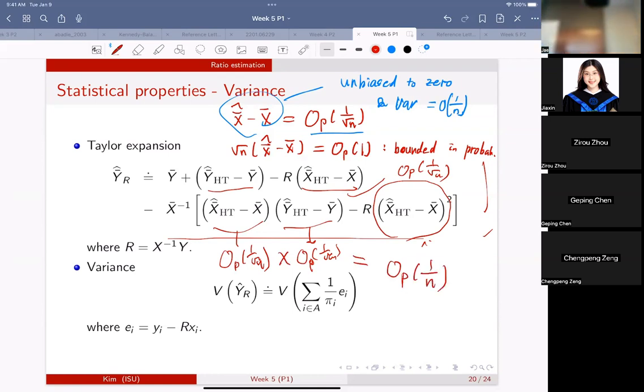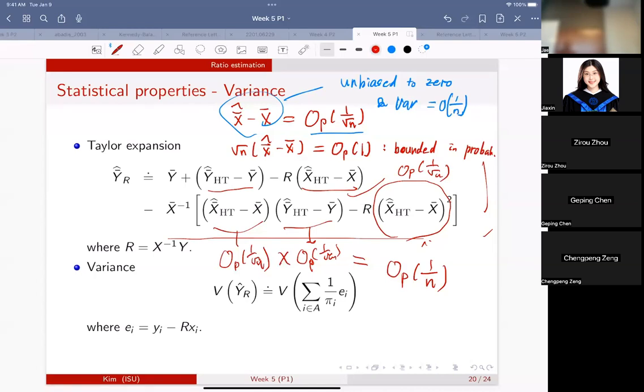So the first term goes to 0 at a rate of 1 over root n, but the second term goes to 0 in the order of 1 over n. So it goes to 0 faster. The second order term goes to 0 faster than the first order term.